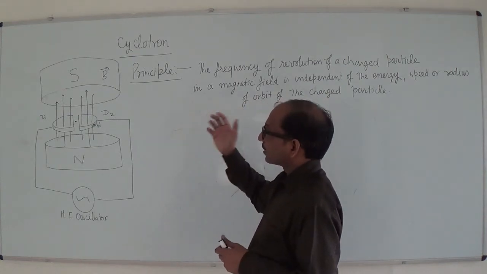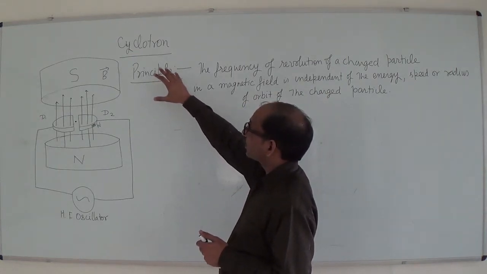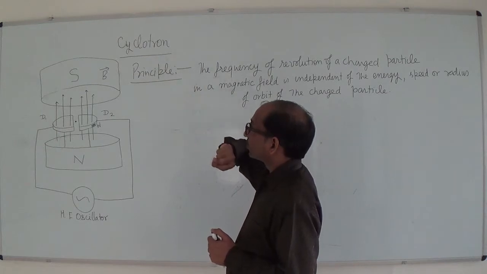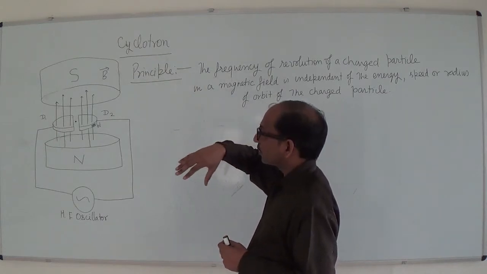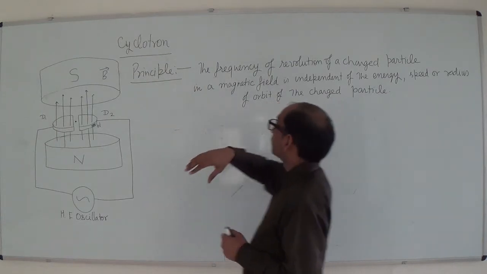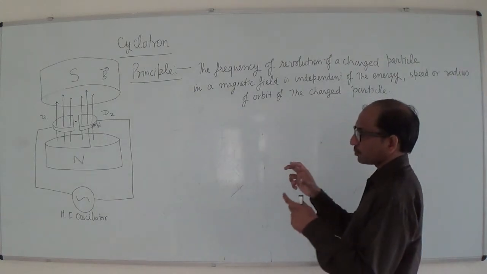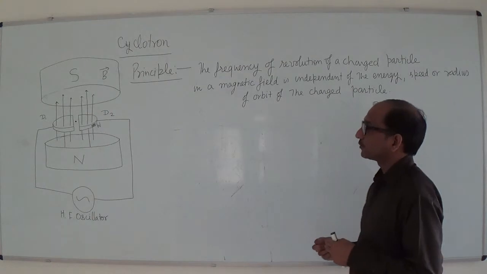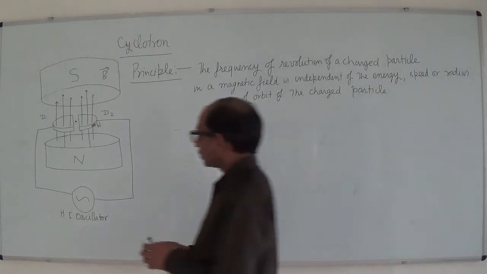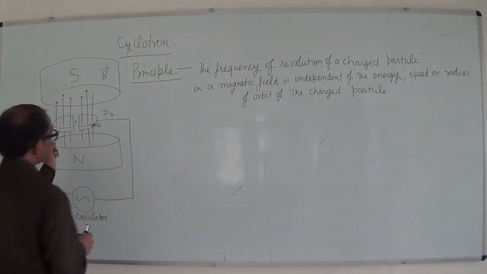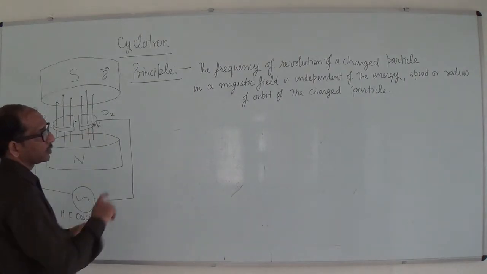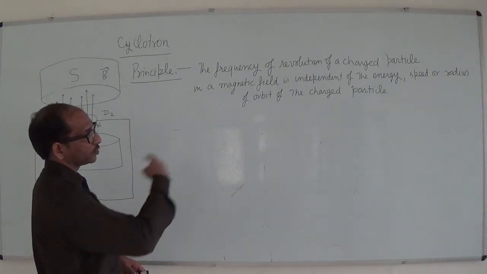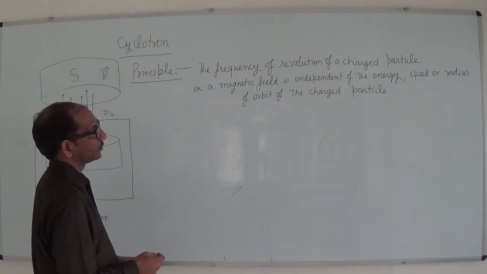So in the explanation of the cyclotron, what is the principle? The frequency of the revolution of a charged particle. We know now that the charged particle revolves in the uniform magnetic field.